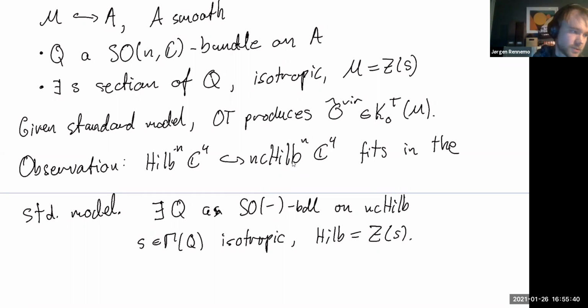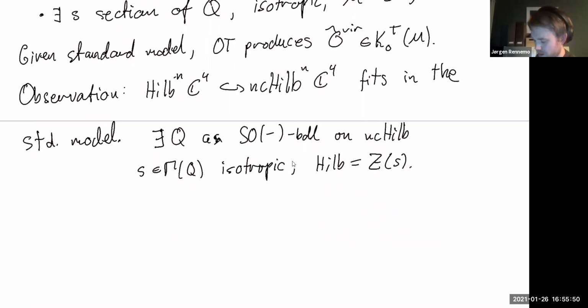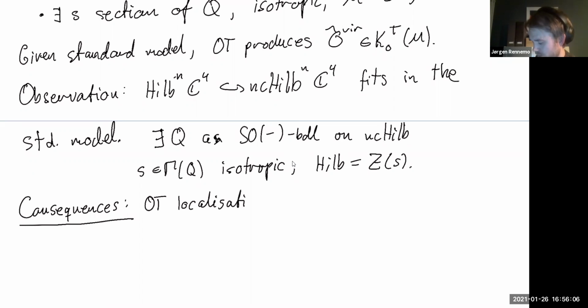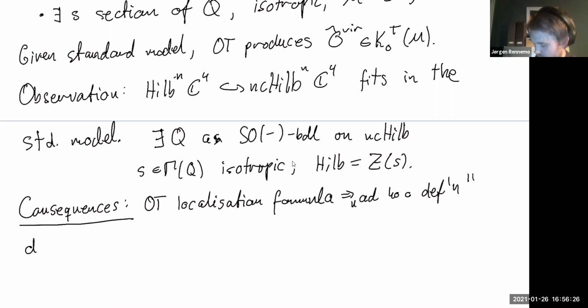Okay, so once we can write down this local model, what do we get out of that? Well, consequences now. If you now apply the OT localization formula, that gives you back the previous ad hoc definition.